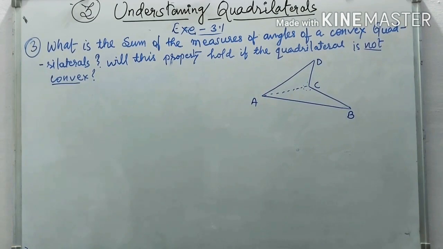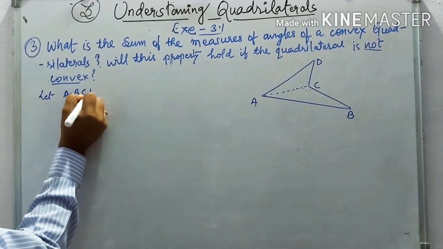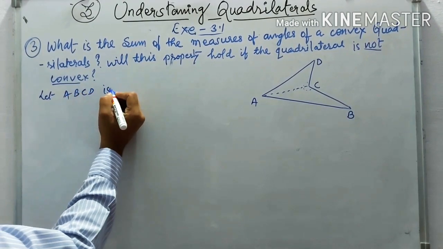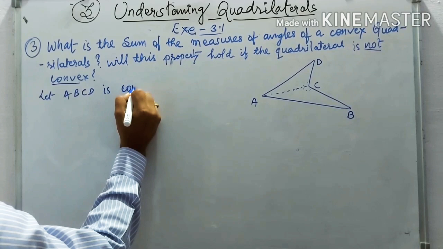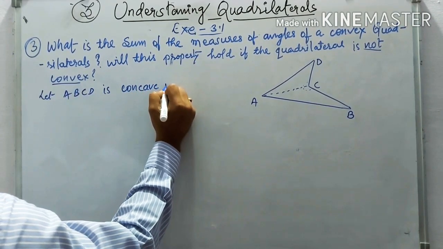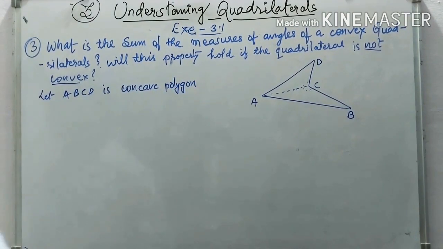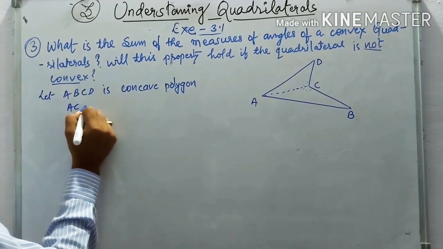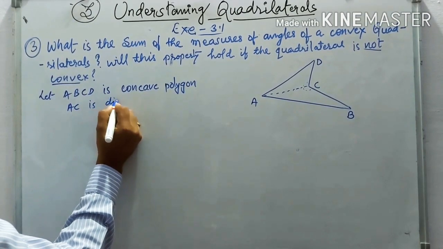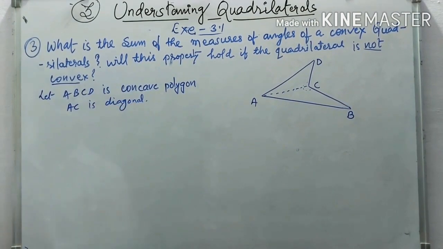Okay, now ABCD is a concave polygon, and AC is a diagonal.